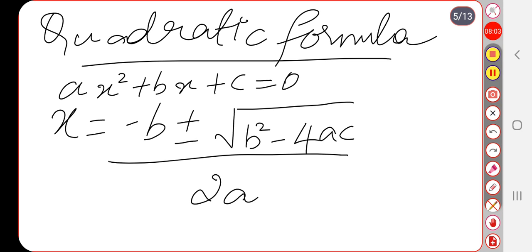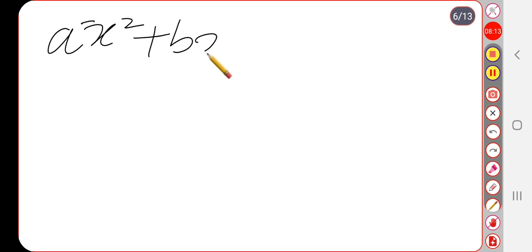Discriminant. Let me tell what that discriminant is. The standard form of the equation is ax square plus bx plus c equals 0.